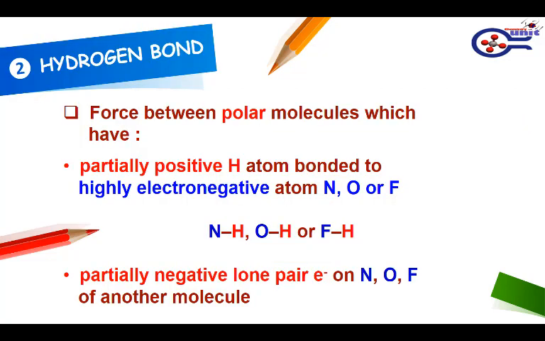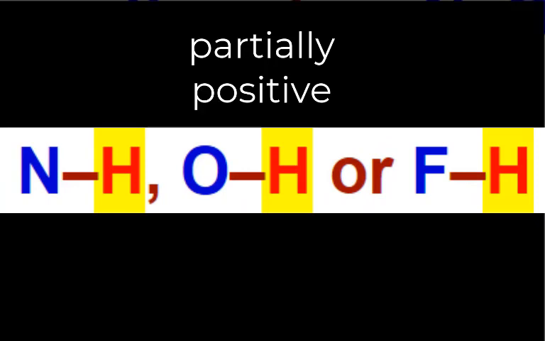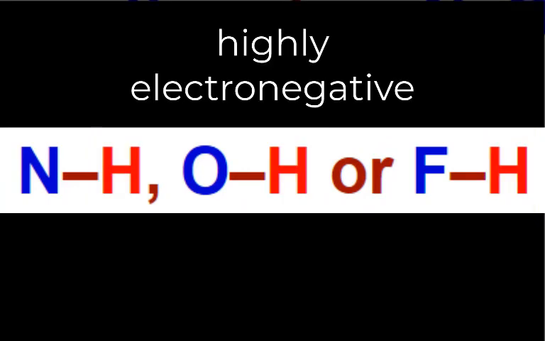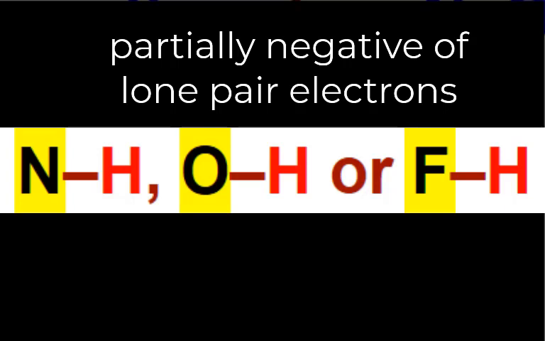Now, let's discuss another type of intermolecular force, which is hydrogen bond. Hydrogen bond is an intermolecular force between molecules that have a partially positive hydrogen atom bonded to highly electronegative atoms, which are nitrogen, oxygen, or fluorine, and a partially negative lone pair of electrons on nitrogen, oxygen, or fluorine of another molecule.